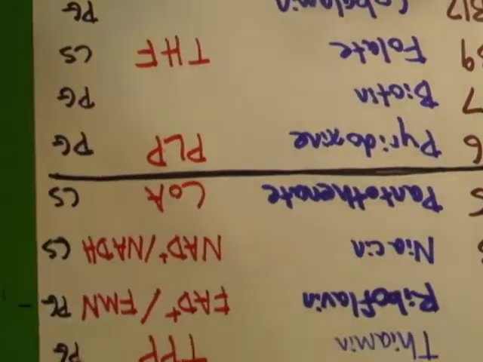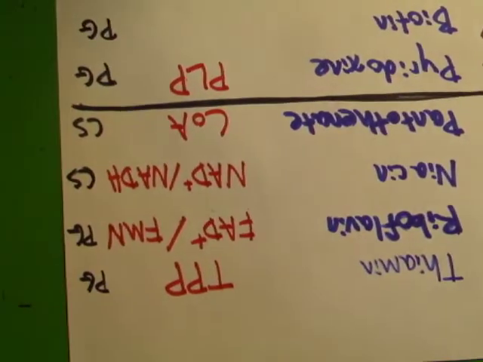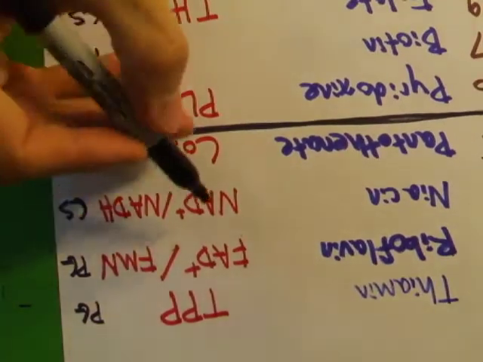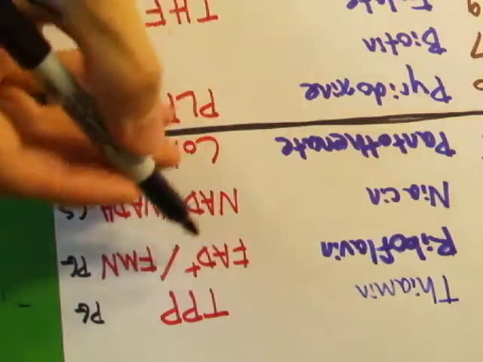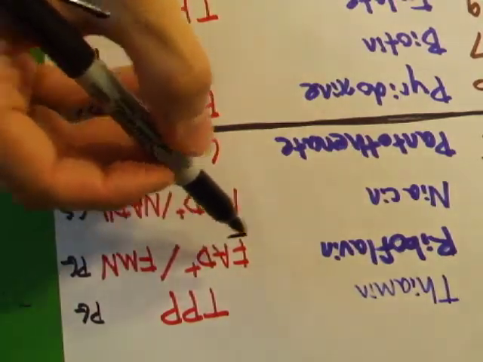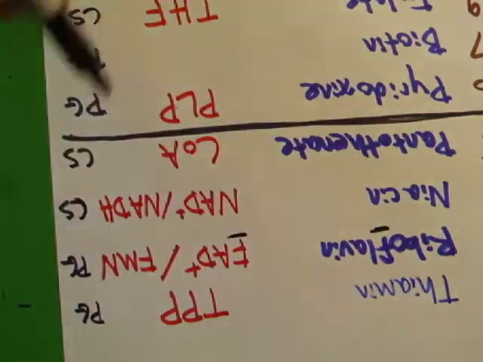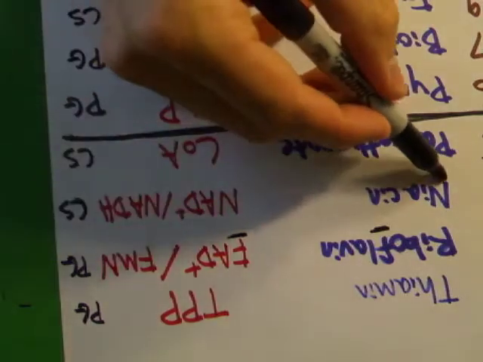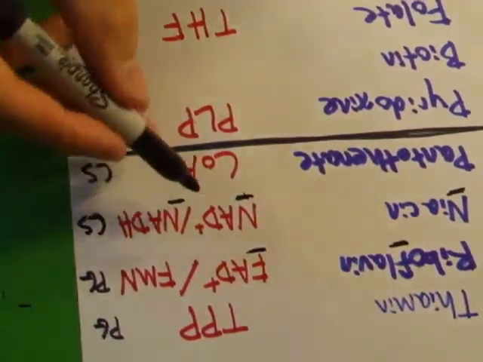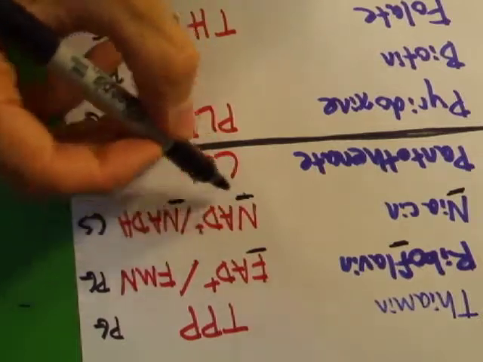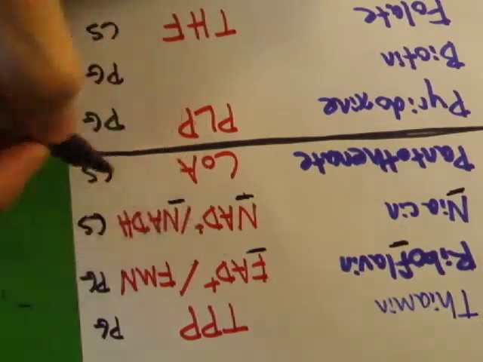See a couple other notes. FAD plus and FMN are both riboflavin. You can think of that F standing for the F in flavin. It's the flavin family. Niacin, NAD, NADH. If you see it in this form, this is the oxidized form with the plus sign here.